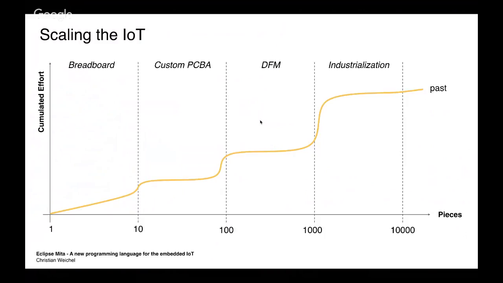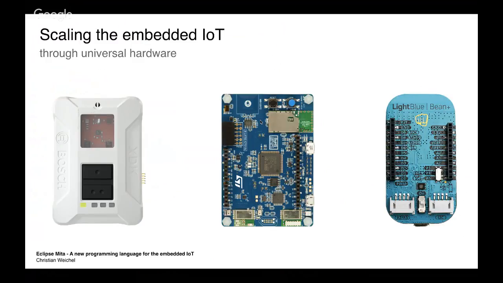And what we're seeing now is that this curve is flattening out on the hardware side of things. And that is because what we're seeing is a sort of set of universal hardware that is coming to the market. So I've already mentioned the Bosch cross-domain development kit, which has 8 sensors, a battery, Bluetooth, Wi-Fi, and if you need 1,000 of them tomorrow, you can have 1,000 of them tomorrow.